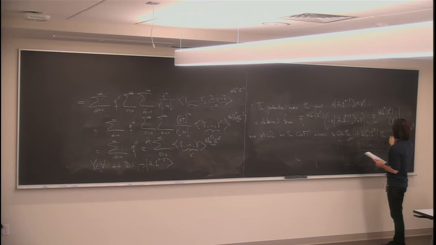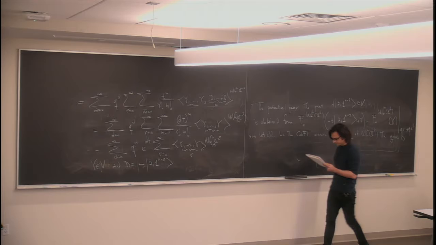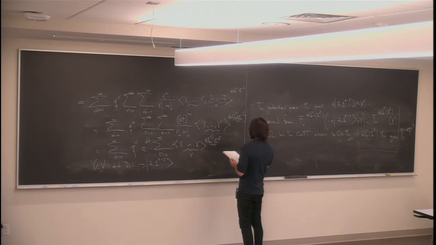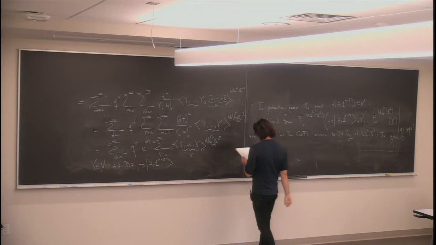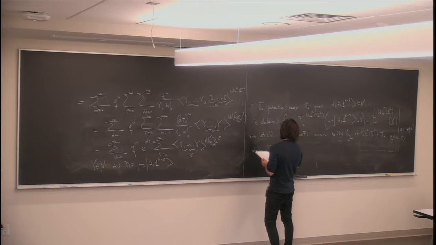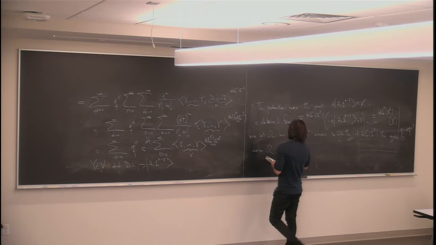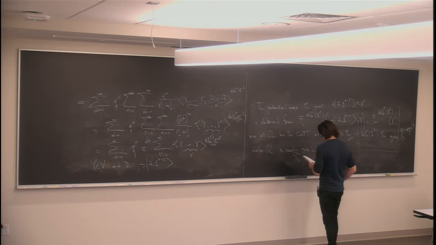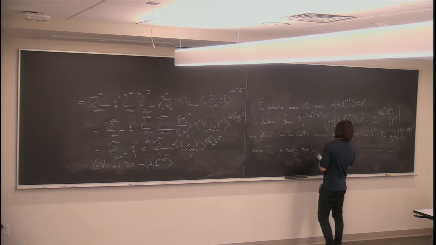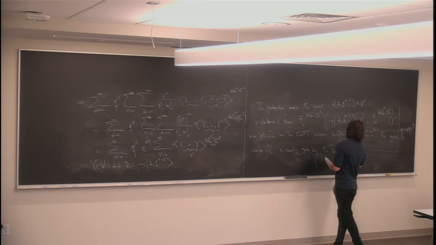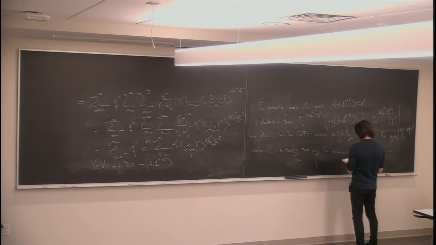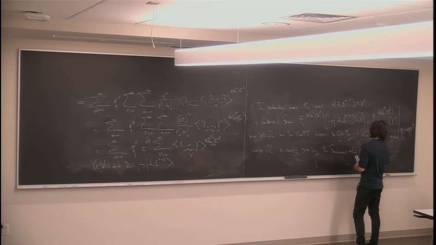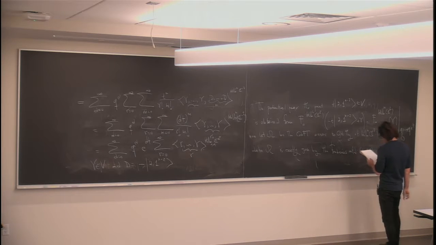The genus 0 data of omega is exactly given by the Frobenius manifold at the origin.